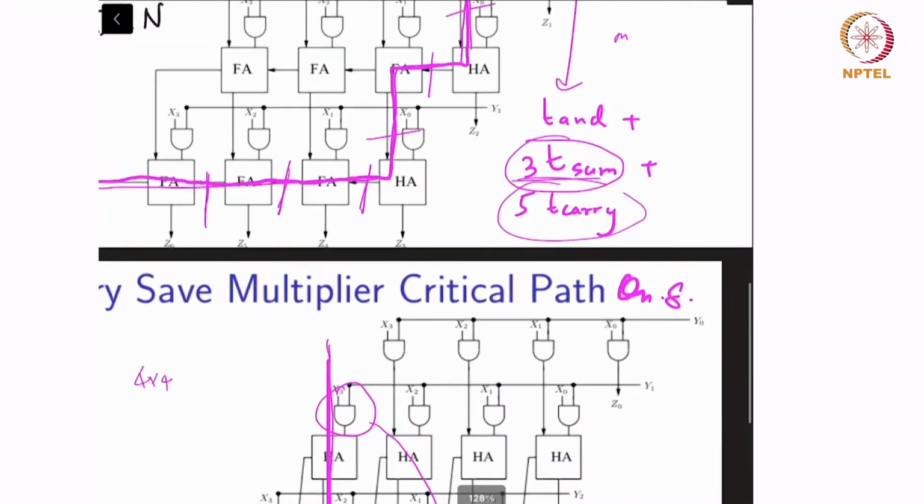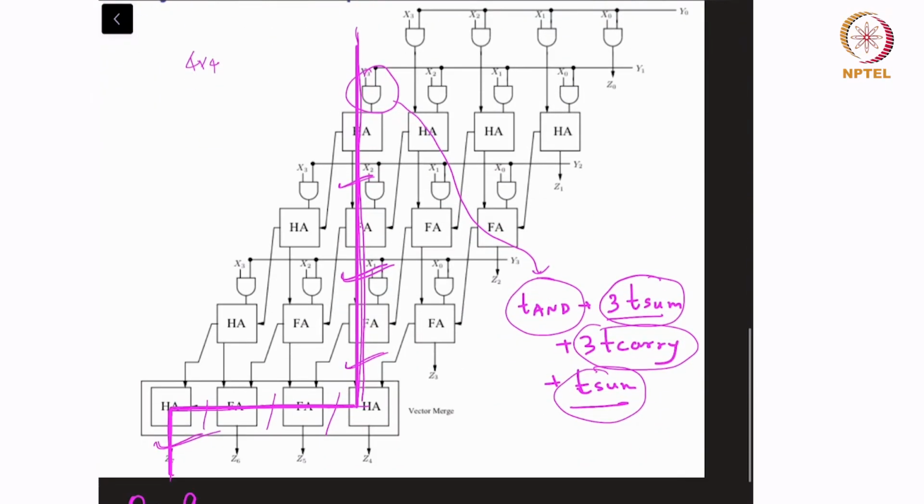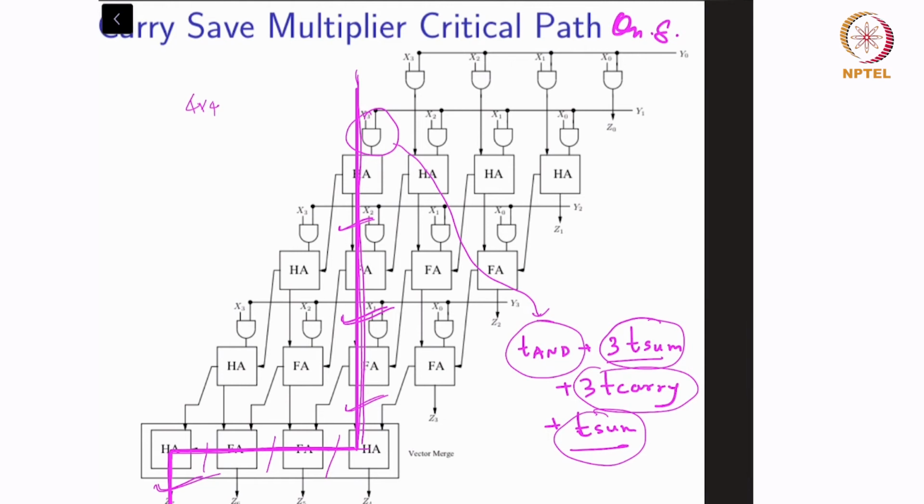Right? Here is an example of a carry save multiplier as done in the class. It is a 4 cross 4 carry save multiplier. The critical path is as shown in this direction, and it has 1 t and, 3 t sums, 3 t carries, and 1 t sum at the end as shown here.